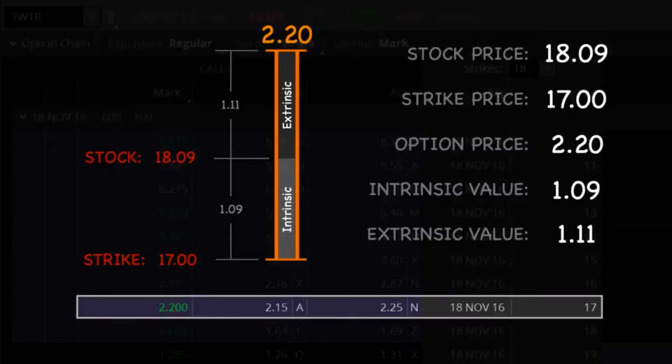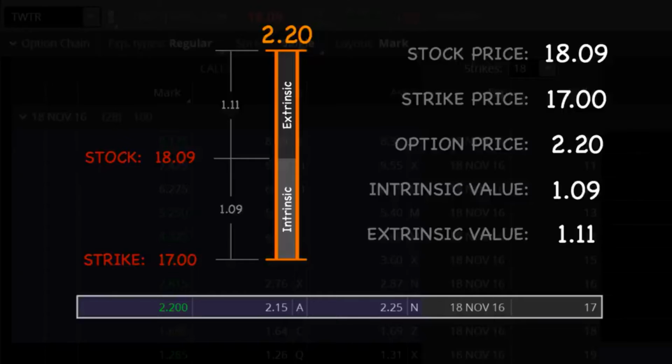And remember, at the expiration date, there will be no extrinsic value left on the options. The value of this option at expiration will be whatever its intrinsic value is. So in practice, what does this actually mean for us? Well, let's say we bought this call option right now at $2.20.